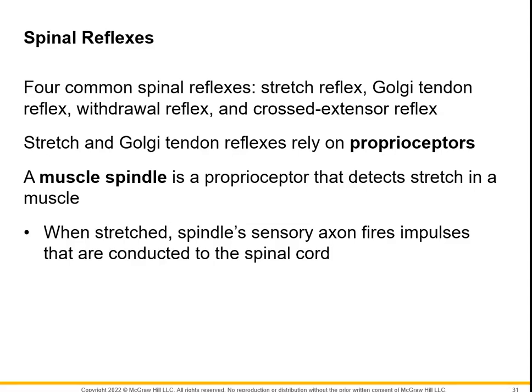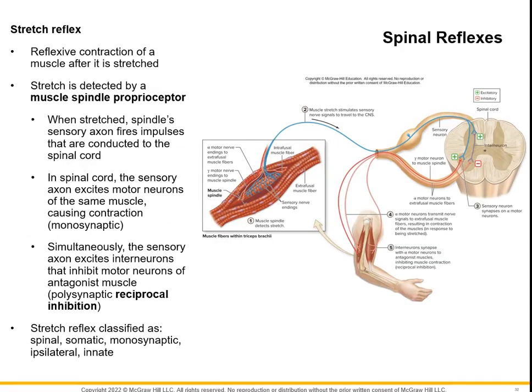A muscle spindle is a proprioceptor that detects changes in the stretch within a muscle, so it's also known as a stretch receptor. Now when it is stretched, the spindle's sensory axon fires an impulse, and those impulses are conducted to the spinal cord. A stretch reflex is a contraction of a muscle after it's stretched, and that stretch is detected by a muscle spindle proprioceptor.